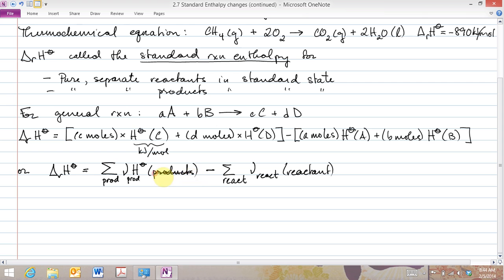I should get rid of that S there. There. For each product you have, you multiply the number of moles of that particular substance by its standard enthalpy. And then nu represents the coefficients.